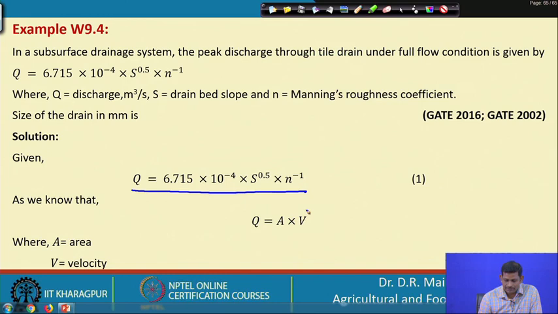We know that Q is equal to A times V, where A is area and V is velocity. So, let us put the Manning's equation into this equation, and considering this circular pipe, we can get an equation equivalent to this form, and then you can get the values of n and other values, and the size of the drain.